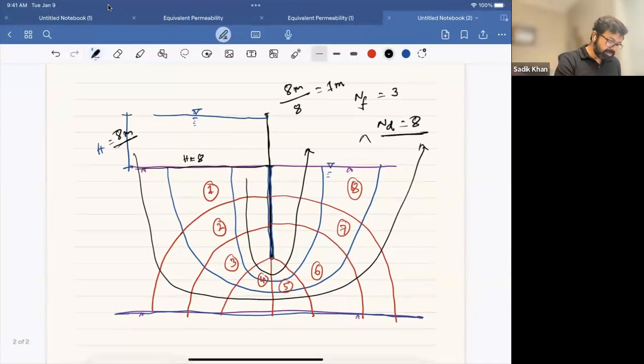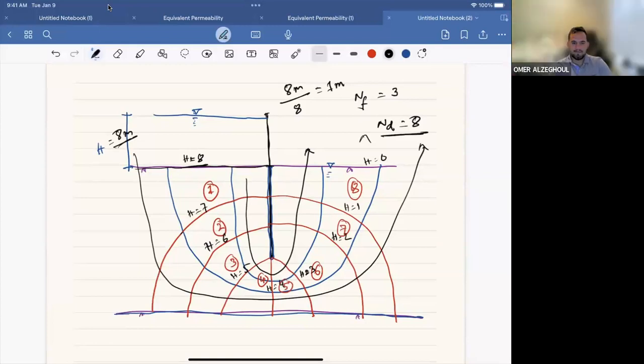So basically what happens is H equal to 8 here, H equal to 7, H equal to 6, H equal to 5, H equal to 4, H equal to 3, H equal to 2, H equal to 1, H equal to 0, right? So that's how our drop is coming up, right?